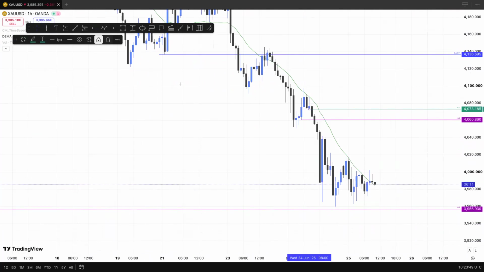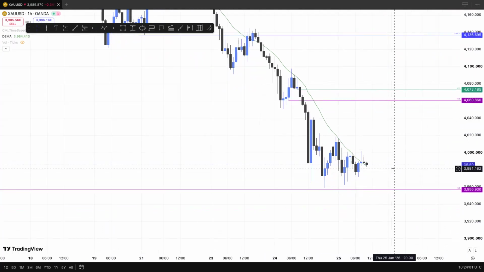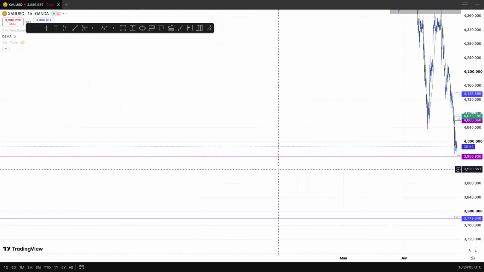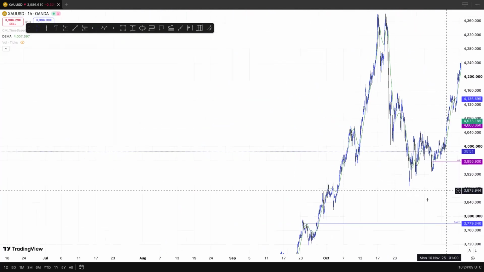But we will have to first meet the H4 supply before we get to the H1 supply. Okay. And also nothing on the H1 time frame is stopping price to take the 4-hour demand next.